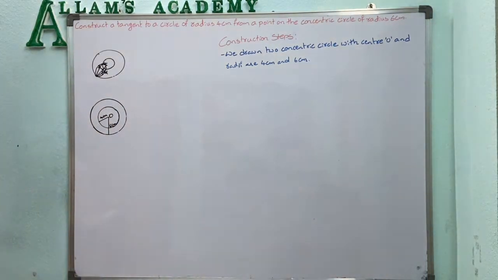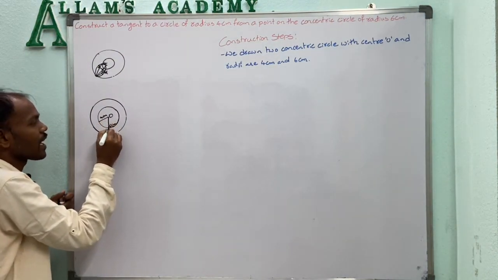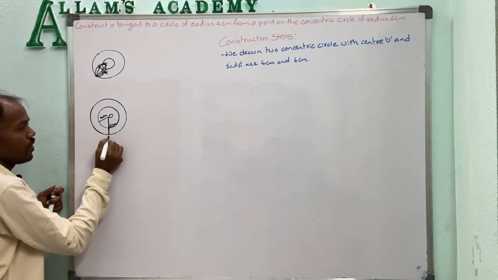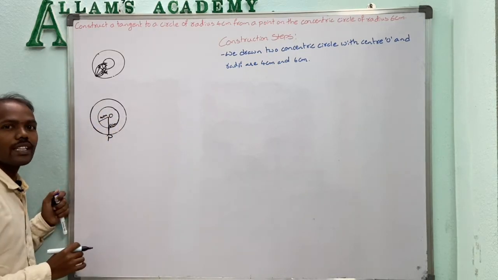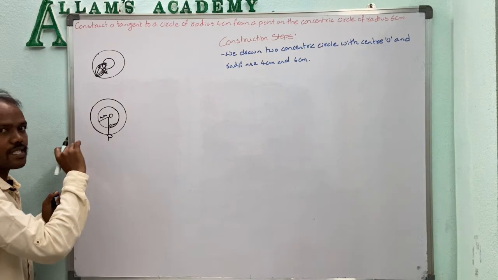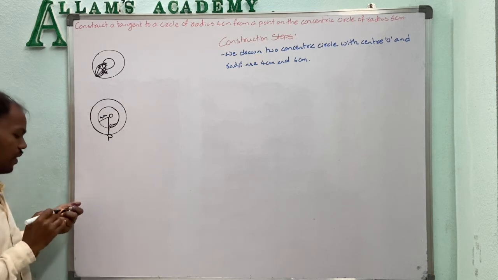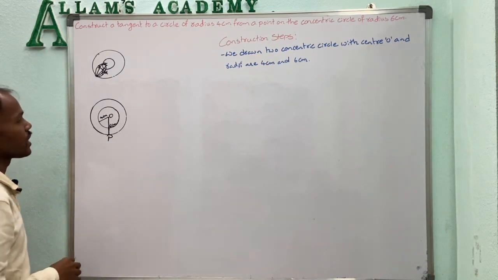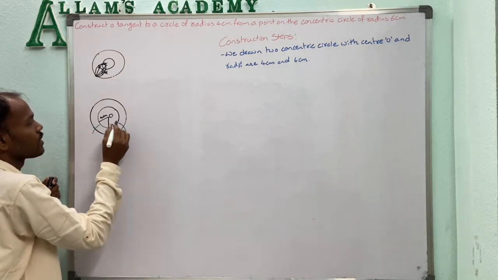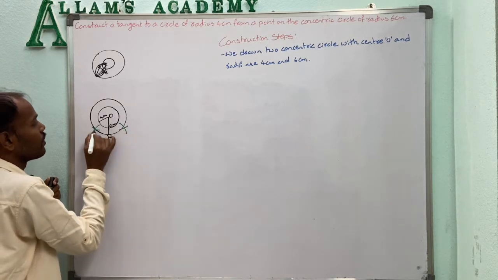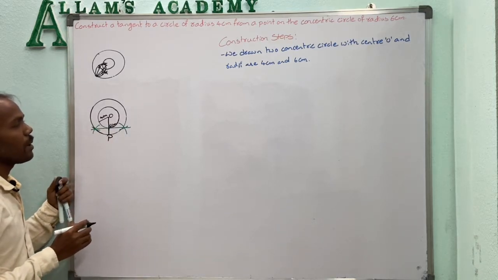Now what we have to do is bisect the larger radius. Taking the outer point P, from P and O draw two arcs with more than half of the line length so that they meet at a point, and that will be the bisector point.